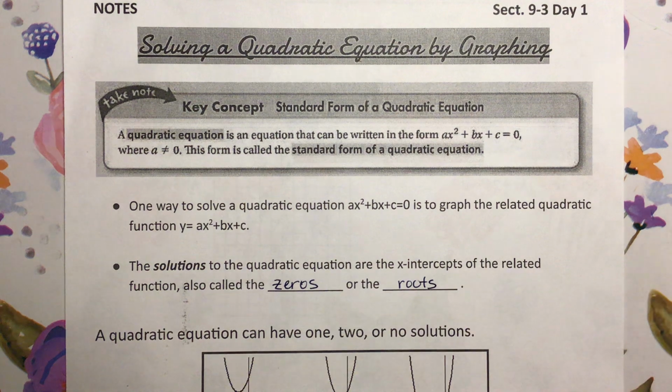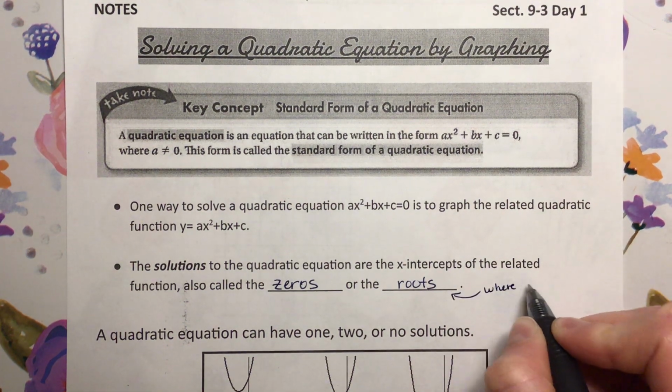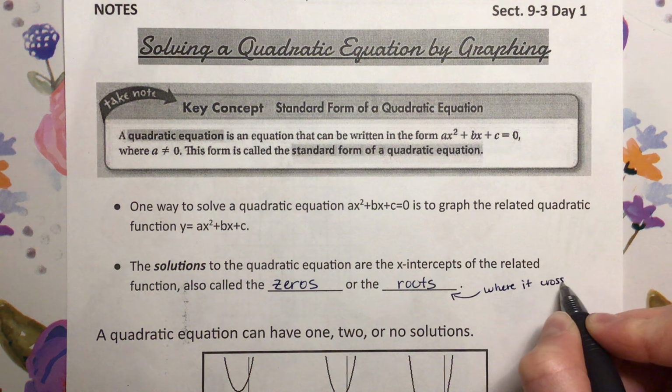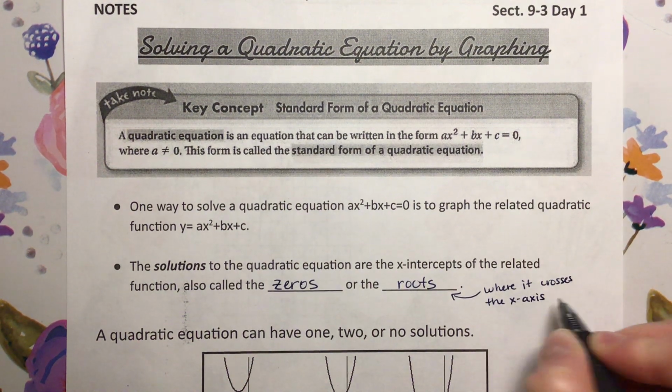So if it says find the solution, find the zeros, or find the roots, that all means the same thing, and it just means find the answer or find where it crosses the x-axis. So all of these are where it crosses the x-axis.